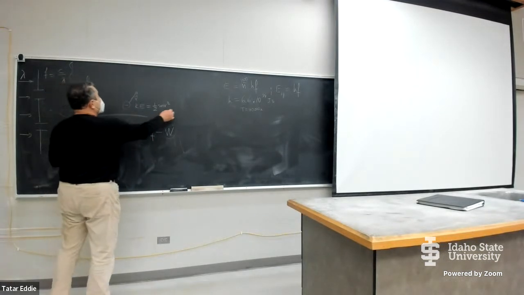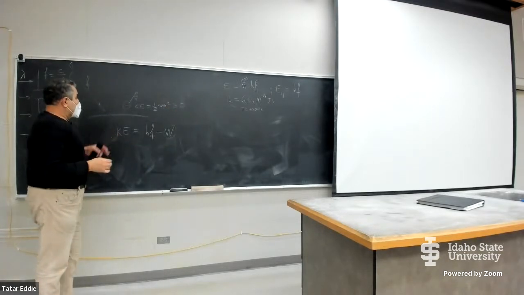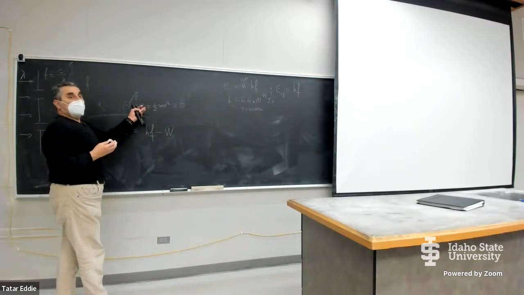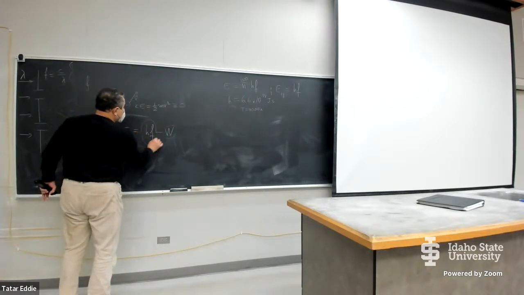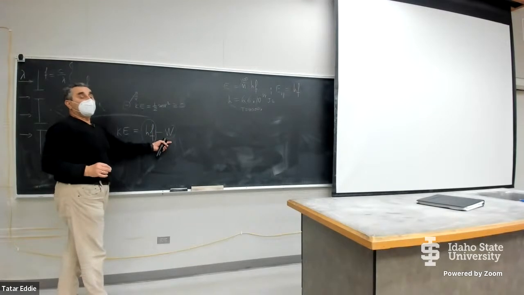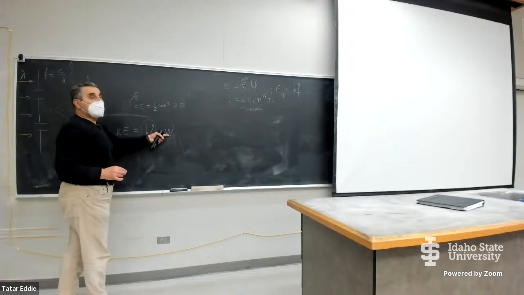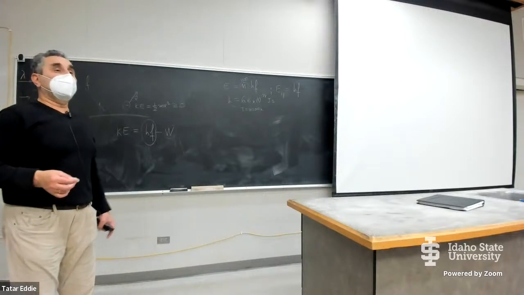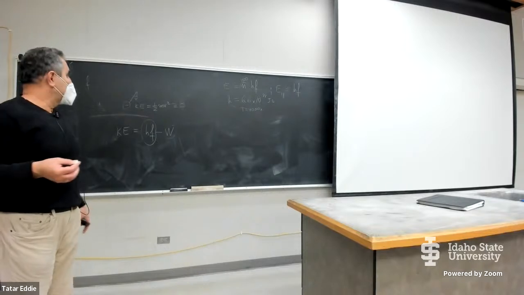Remember, kinetic energy has to be a non-negative number. So in order for you to see an electron emitted from the surface, the energy of this photon has to exceed the work function. In other words, the frequency has to be large enough to overcome the work function for this particular metal.